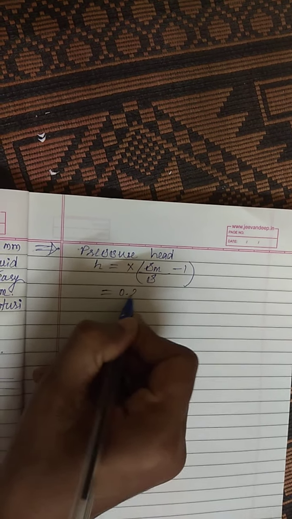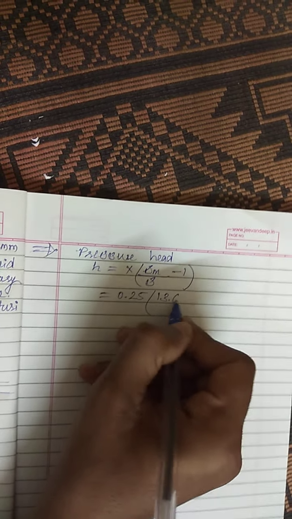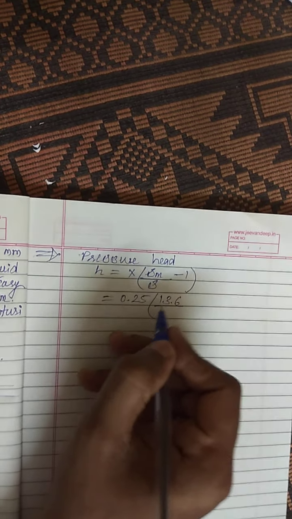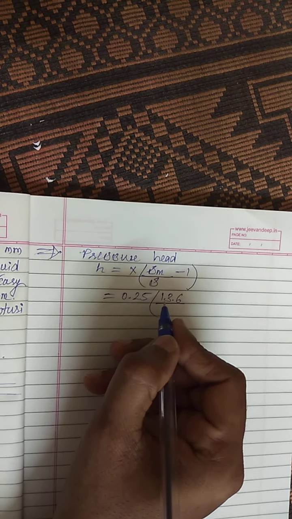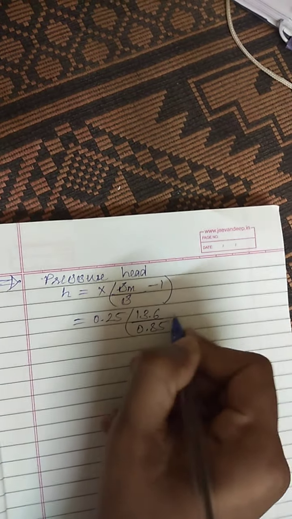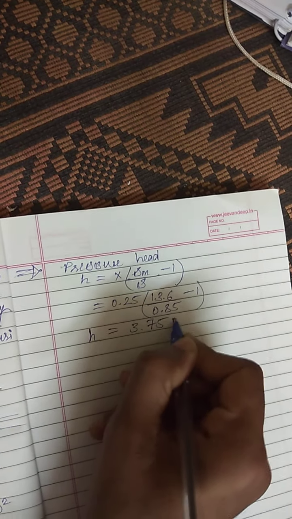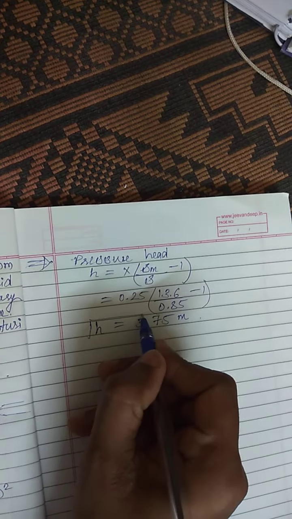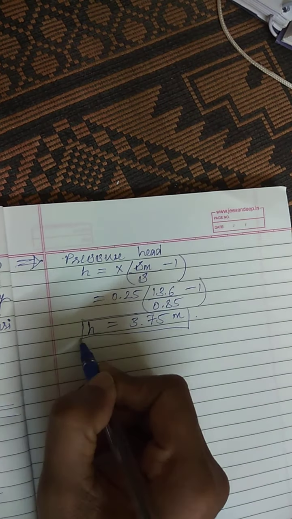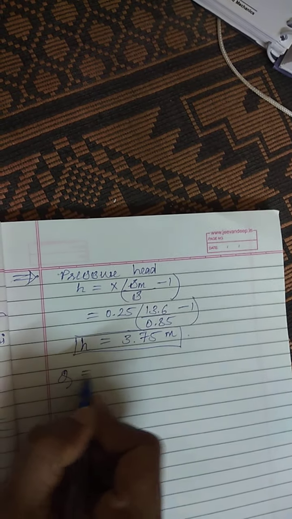Here x is 0.25, and 13.6 is the specific gravity of mercury, a standard value, and the specific gravity of the liquid is 0.85, minus 1. So we got the value of h as 3.75 meter.